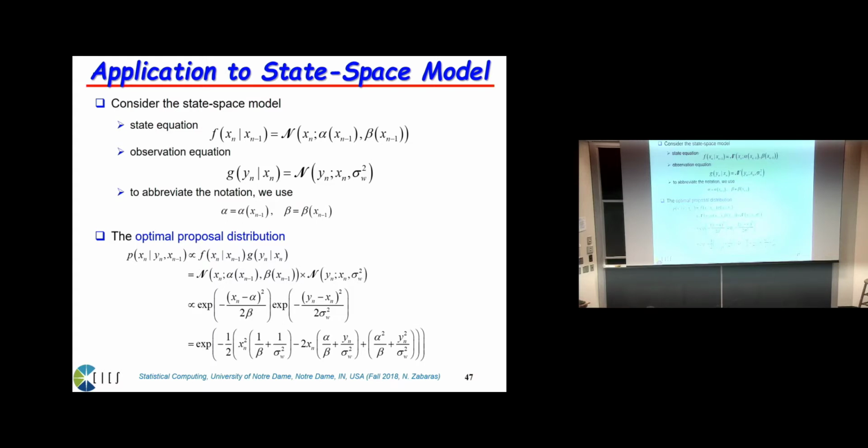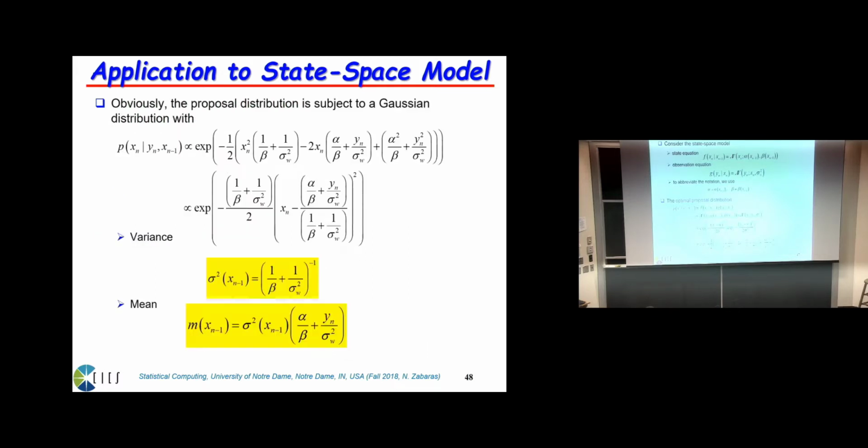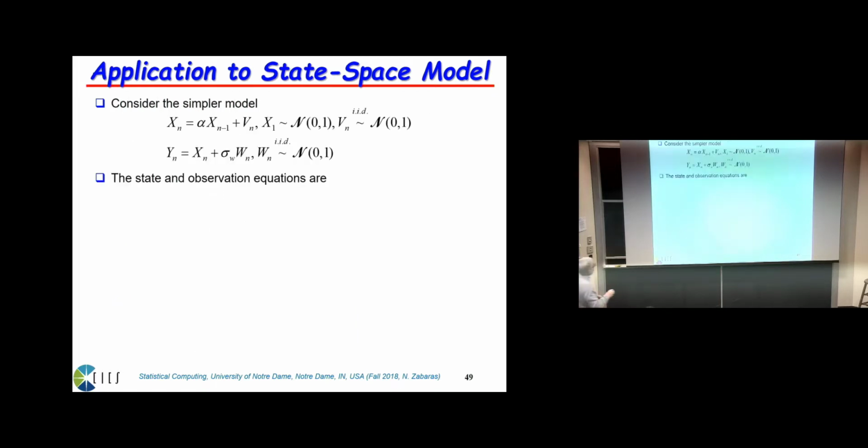So what we need to do when we expand this is close the square. When you close the square, it comes out that the optimal distribution has this mean value, and a variance that looks like this. Again, alpha and beta are functions of the previous time. So here's a simpler model, exactly as before, but much easier.